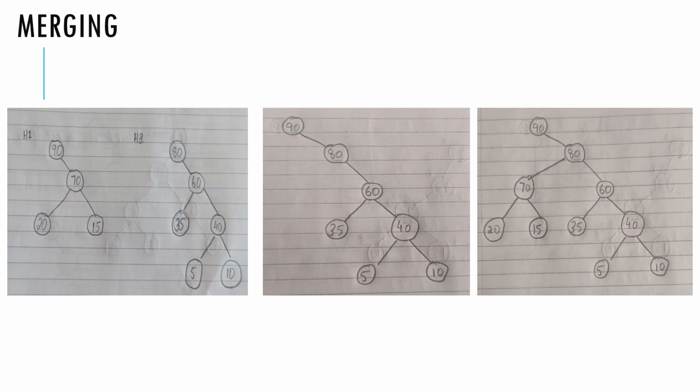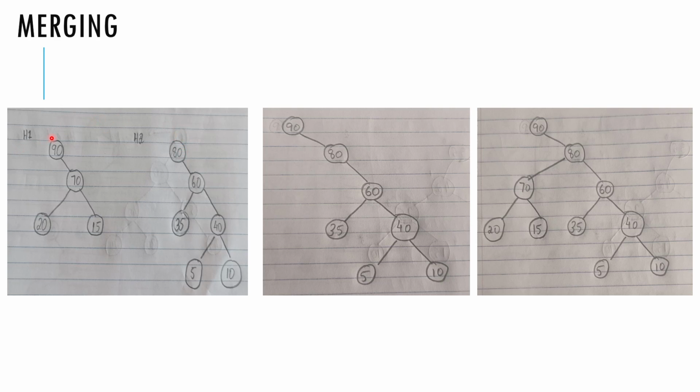Moving on, merging is one of the most important functions of a weak heap. This merging again comes back when we will look at the weak heap sort function. So here we have two weak heaps, H1 and H2, and within this, the root value of the node with a value of 90 is larger than 80.